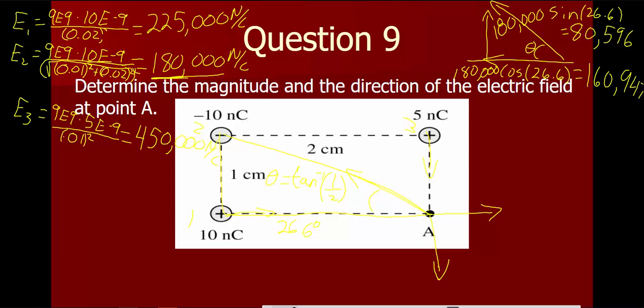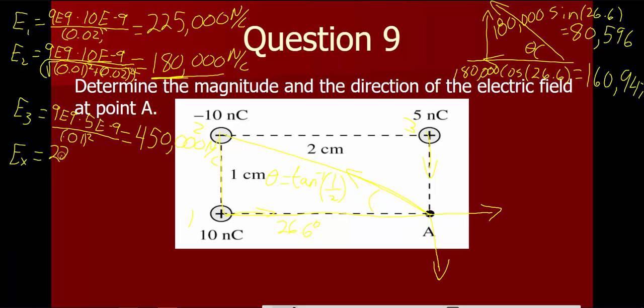Okay. So now we add vectors. We have to be careful about the direction here. For our x's, we have one x going this way, but the other x is going the opposite direction, so we're going to have to subtract those two. So for our electric field in the x direction, let's start with the positive one.